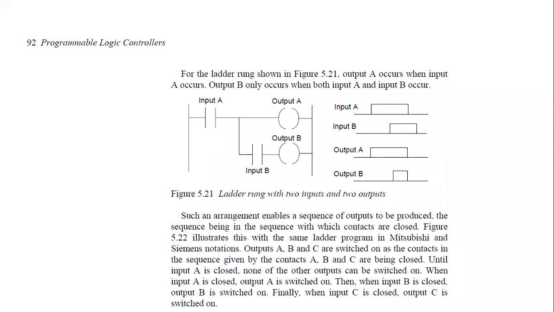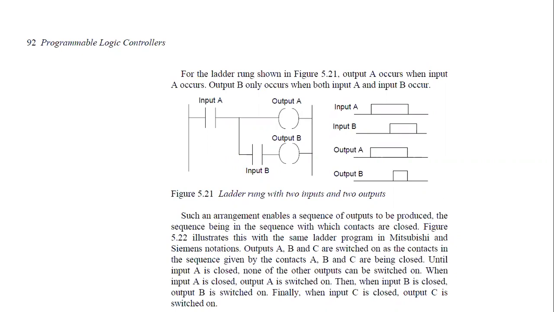So when you have an input at contact A, then you have an output at output or coil A. And also the output B only occurs when both input A and input B occur. So to explain this more, the input B or the contact B is supposed to control only the coil B, that is the output B.